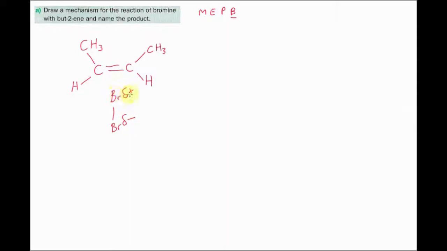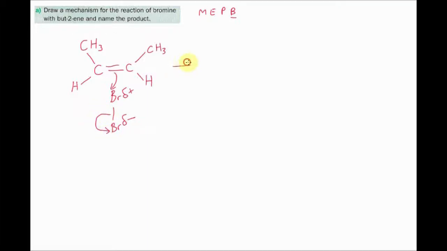Now that bromine with the partial positive charge can act as an electrophile, so something that can accept a pair of electrons. So the pair of electrons from this double bond move to this electron deficient bromine, and the electrons from this bond here move to this bromine here.